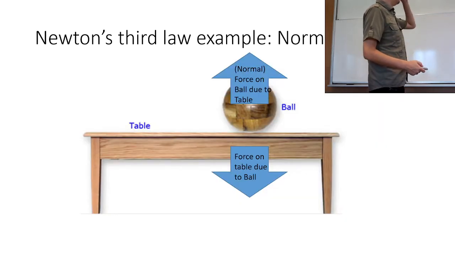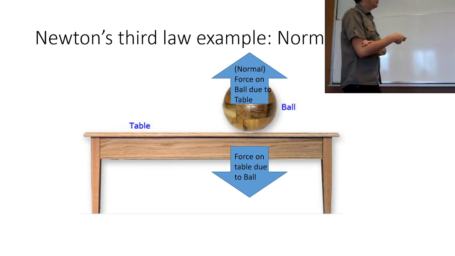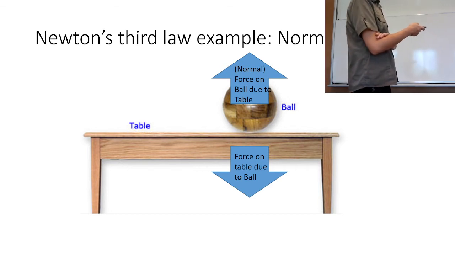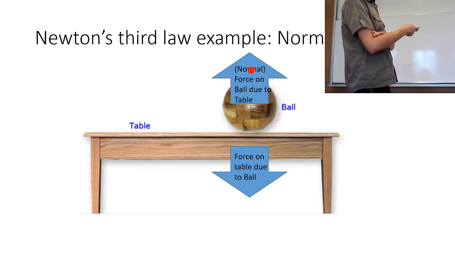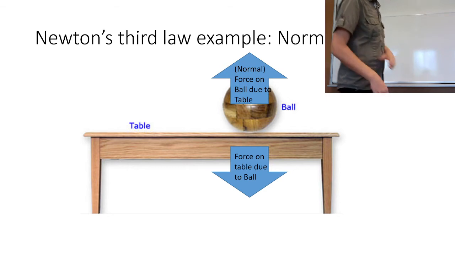Another one is the normal force. So, for example, if you've got a table and a ball on it, the one that you normally always think about is the force on the ball, right? So there's a force upward because the table is being compressed and all that stuff that we were talking about before.